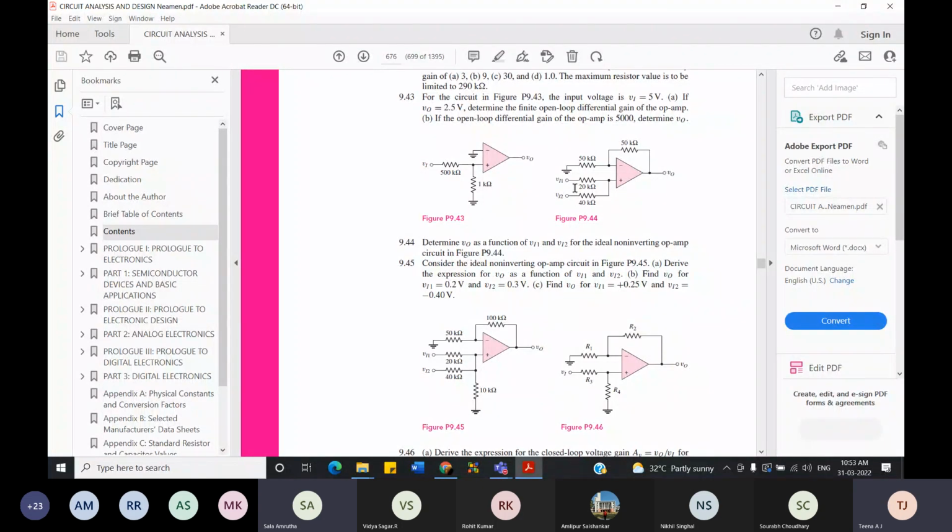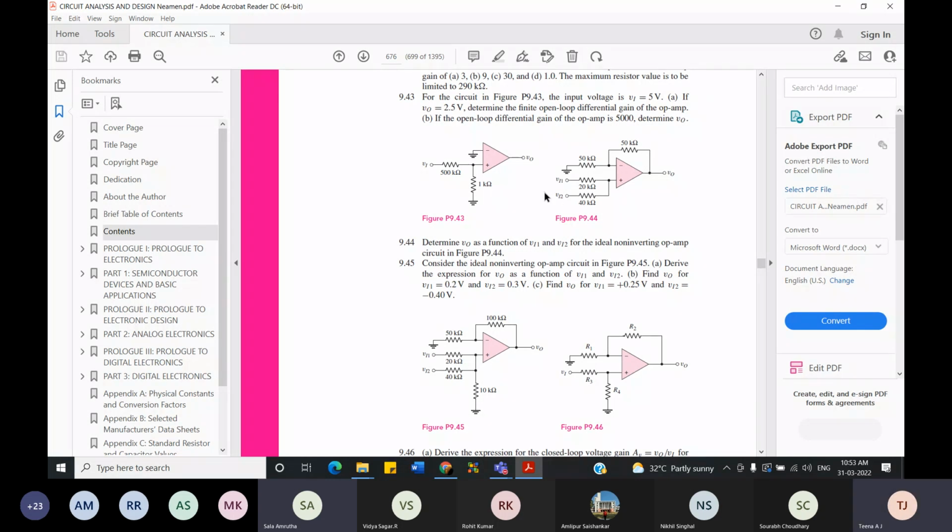So input at this point will be the summation of these two. How will you find the voltage across this one? It will be 20 divided by 20 plus 40 into input. And the other value will be 40 divided by 20 plus 40 into this one.